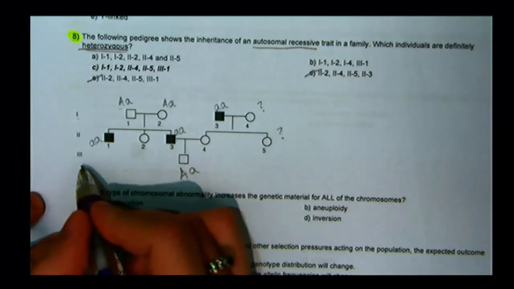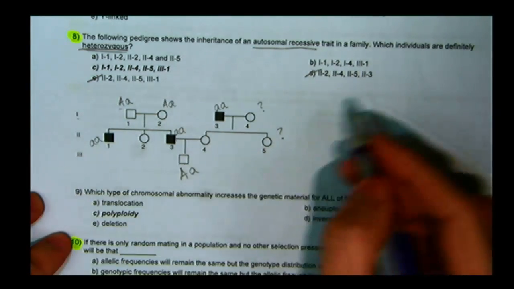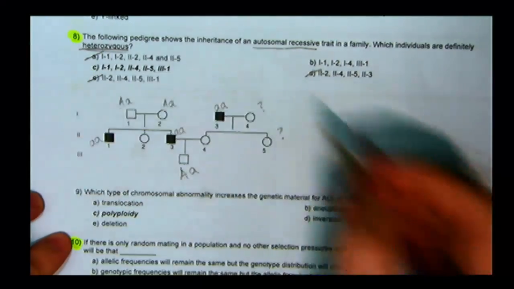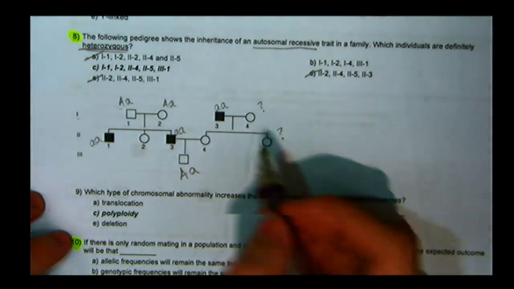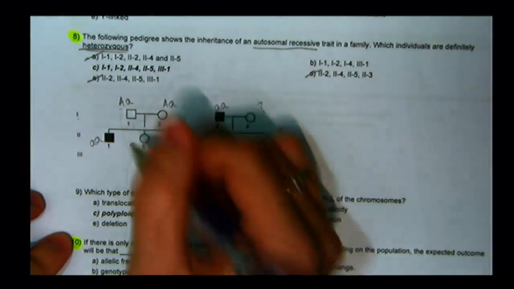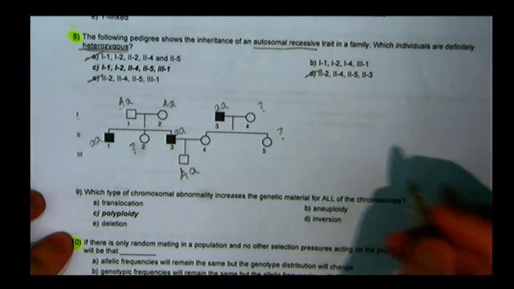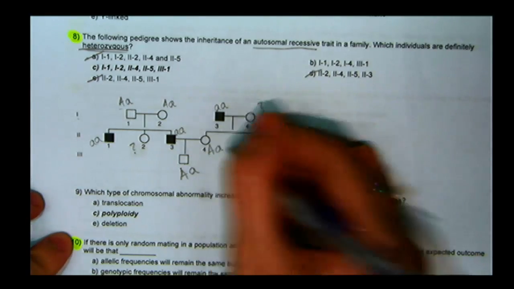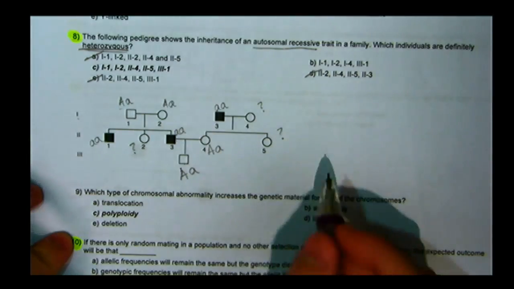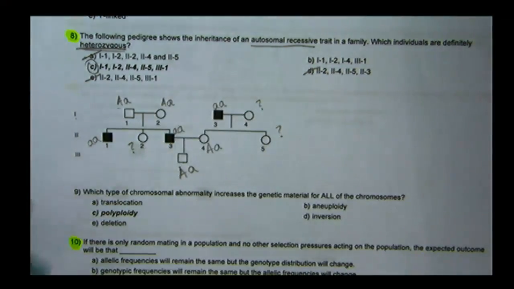So individual 3, or generation 3 here, has to also be a heterozygote. So you can get rid of this one. And let's see, you don't know what this one is. Could be big A, big A, or big A, little a. And you know here, this one has to be a heterozygote as well. Did I do this right? Yes. So yes, the answer should be C here.